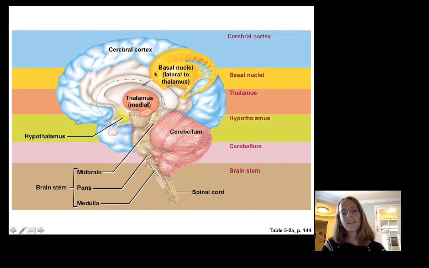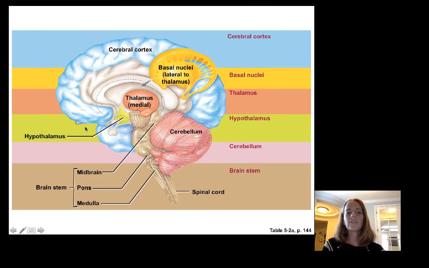So we did a top-down view, and we can work our way up now. From the medulla, pons, midbrain, up to the thalamus, hypothalamus, with the cerebellum off to the back of the brain. The basal nuclei would not be shown, but they are pulled out here so you can see them in the diagram.